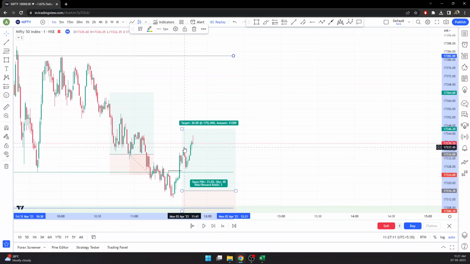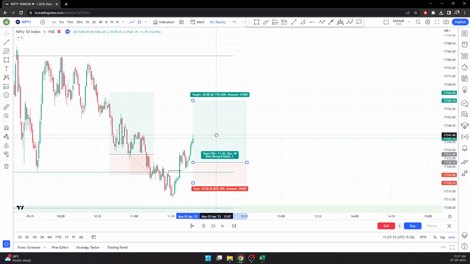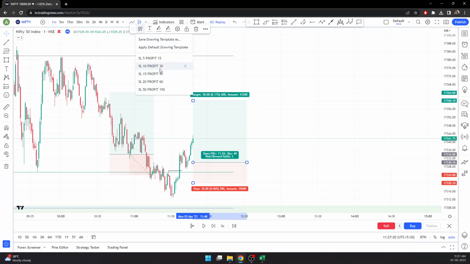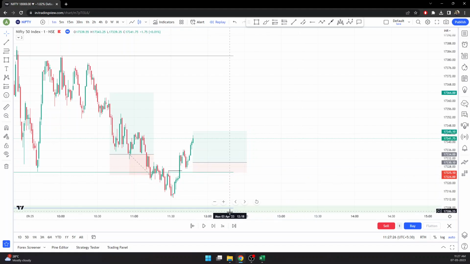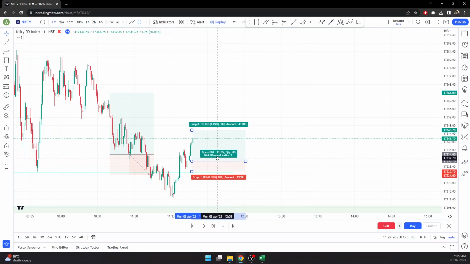If we get any, no, market is trying to move away, so we'll move our entry to somewhere here. So let's have a stop loss of 5 points only. We'll try to make entry somewhere here.